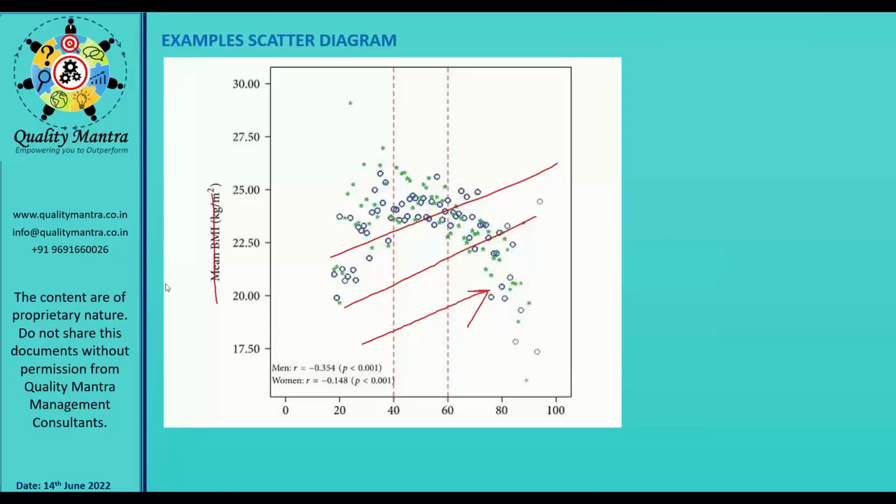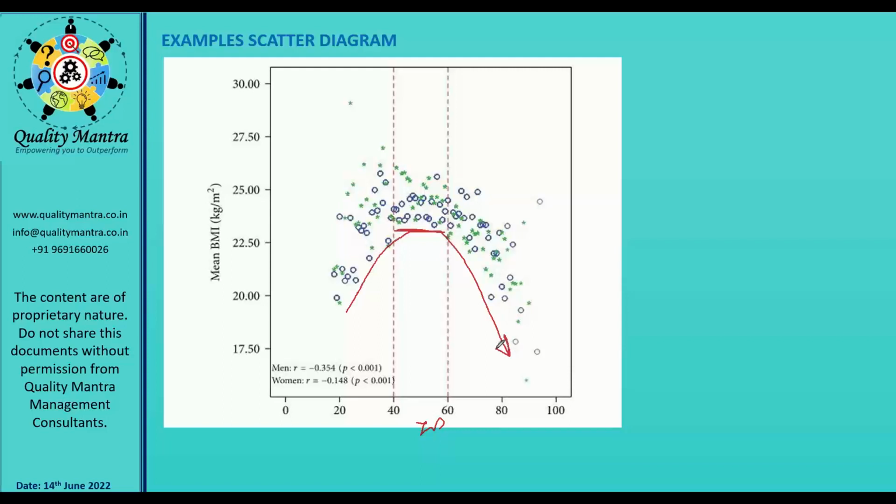And mean BMI, that is body mass index, जो बॉडी का मास इंडेक्स है, BMI जो होता है, you will see that up to a certain level, certain years, this is the age in years, up to certain years of age, it increases. 40 to 60, the BMI is constant, and after that, it starts reducing.